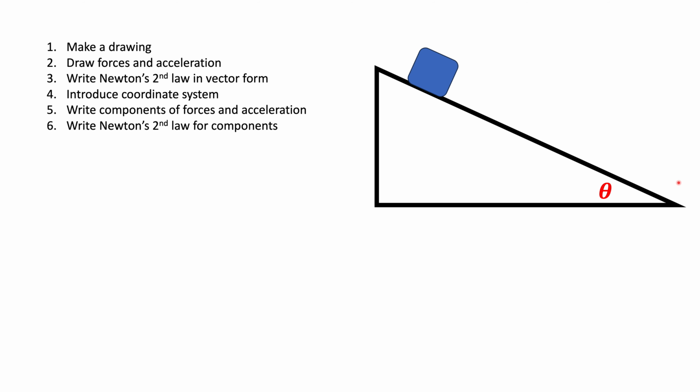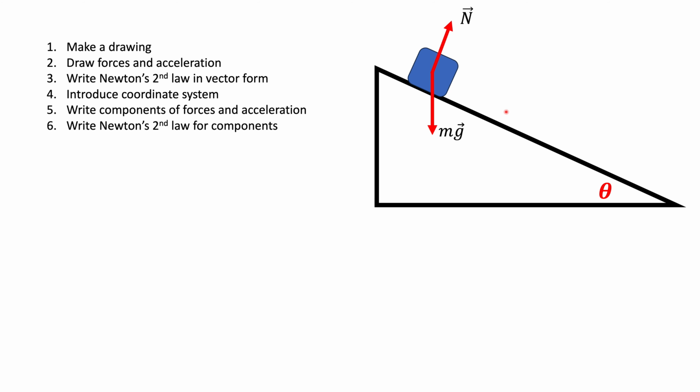Next, you're going to draw all the forces and accelerations. So there are two forces acting on this object. There's gravity, the vertical force, gravity down. We also have a normal force at 90 degrees to the slope.